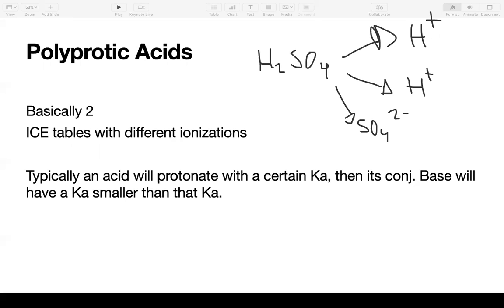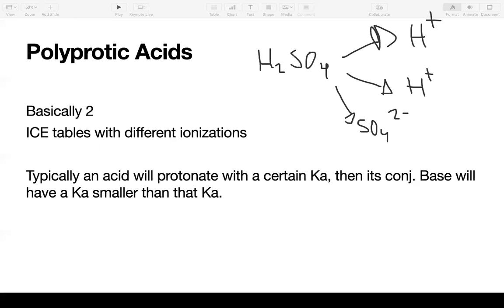And what's going to happen is basically we're going to use two different ice tables to determine how much it will protonate. And it goes on to say that typically an acid will protonate with a certain Ka, and then its conjugate base will have a Ka smaller than the original Ka.